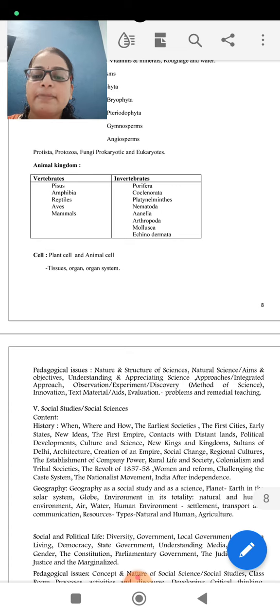In pedagogy we have to be very sure about the methods and evaluation. Next one is text material and teaching aids. We have to learn these concepts, they are very important. Based on the methods, they may ask application oriented questions. So in the whole pedagogy, the methods are very important.